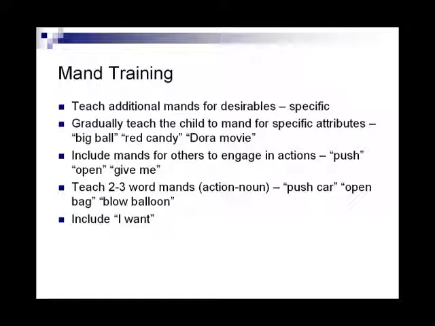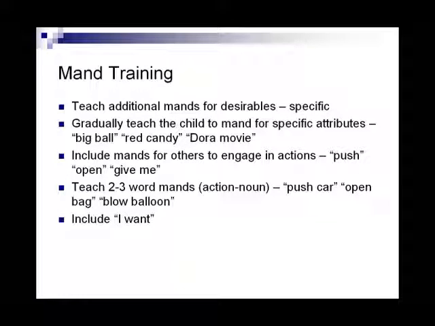And gradually, eventually, working off the assessment charts and just working off the skill tracking system, you can gradually teach the child to ask for specific attributes, so big ball, red candy, door, a movie, following exactly the same teaching structure that we looked at when teaching candy.